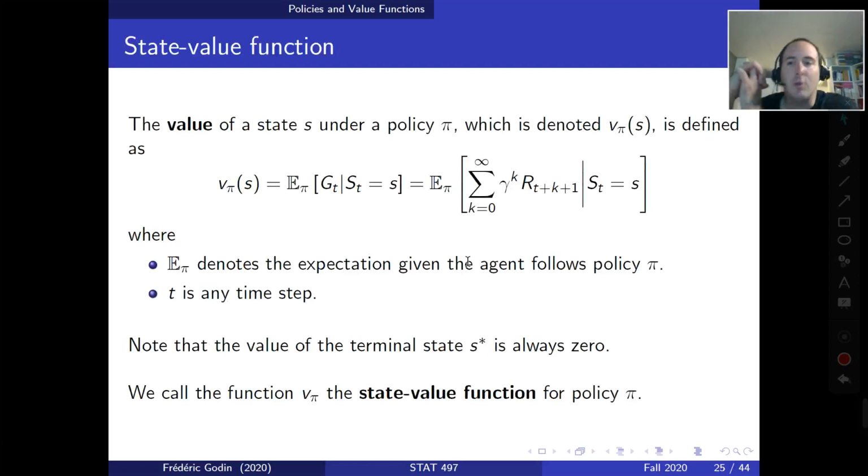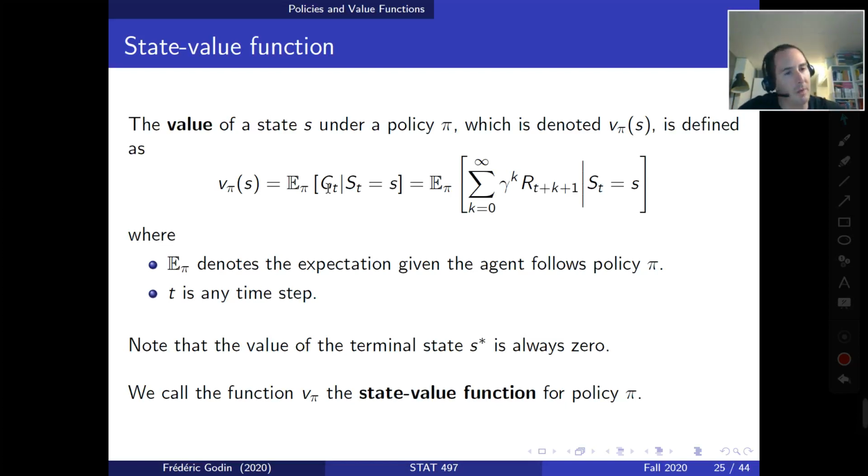So this leads to the definition of the state value function. In the K-armed bandits chapter we studied earlier, the value of some action was simply the expected reward associated with this action. There was a single state in these problems, so we didn't have to define the value of a state.